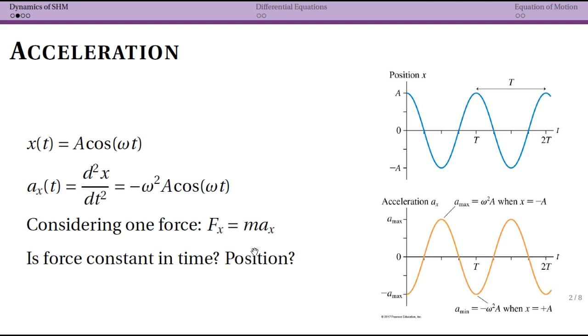No. For a spring force, it depends on where you are. So this is really important. You cannot use our Chapter 2 tools for analyzing simple harmonic motion. This is why it gets a whole chapter. Because when we dealt with kinematics back in Chapter 2, we usually simplified it to be constant acceleration.